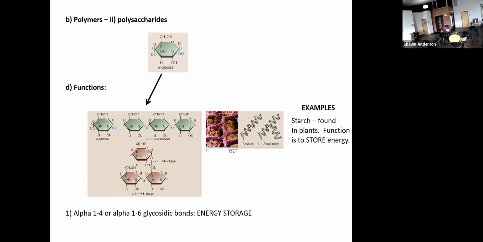So there's two examples: amylose and amylopectin. These two molecules are otherwise known as starch. Potatoes, you get some starch. So in plants, energy is stored as starch, amylose or amylopectin.